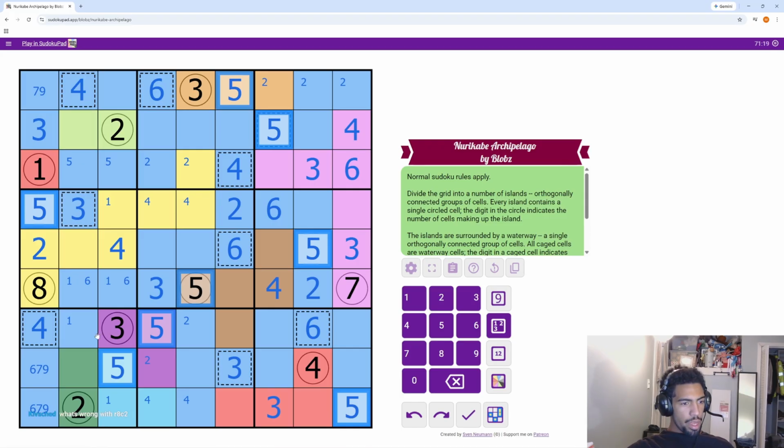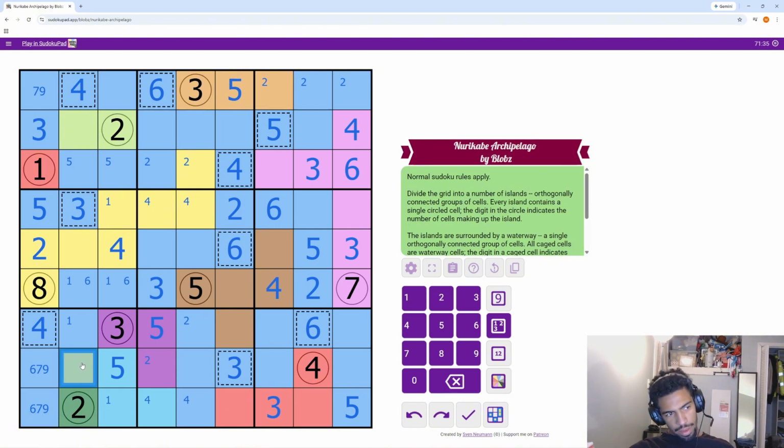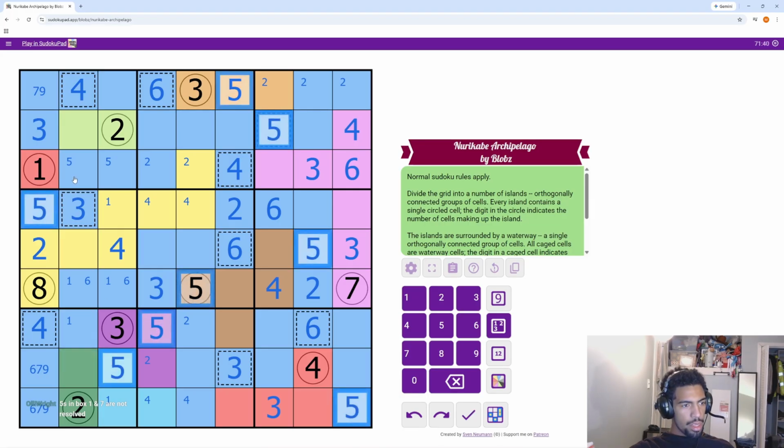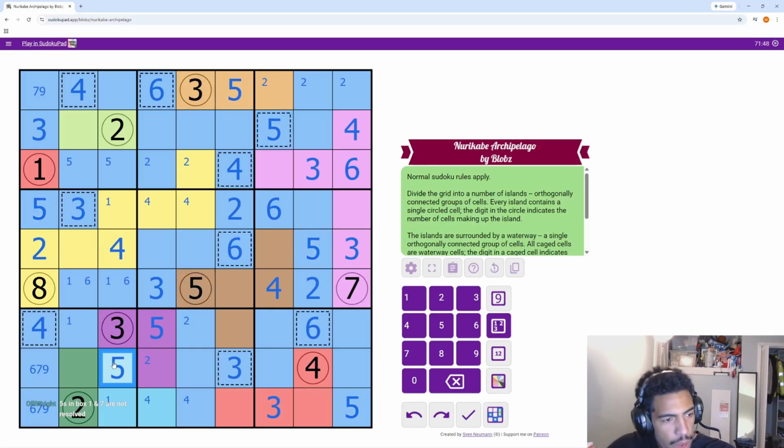What's wrong with row 8, column 2? Oh, you're right.